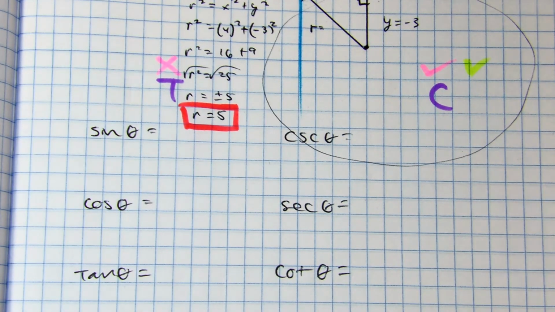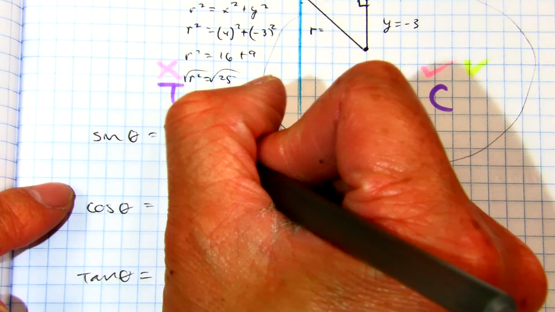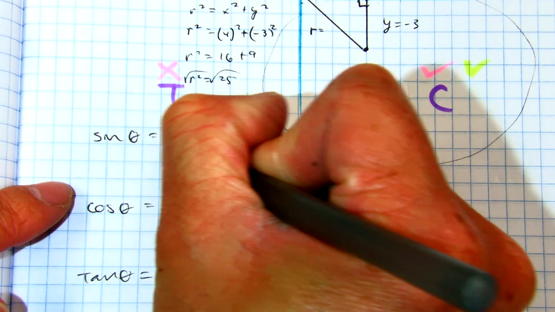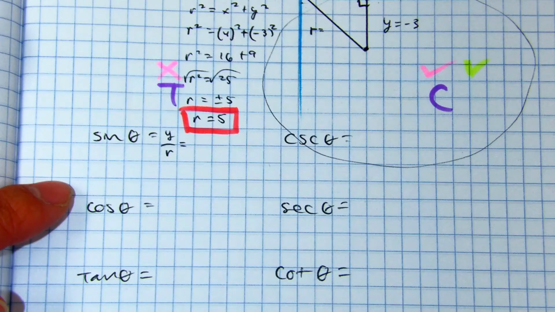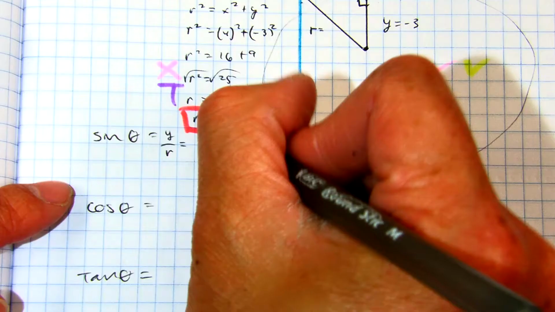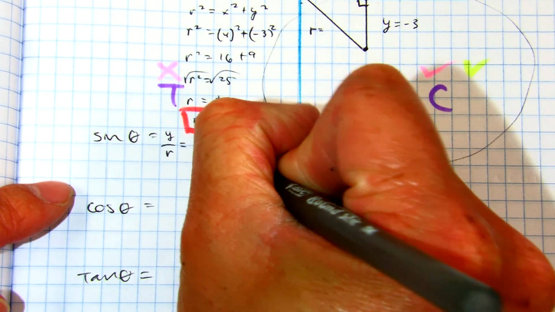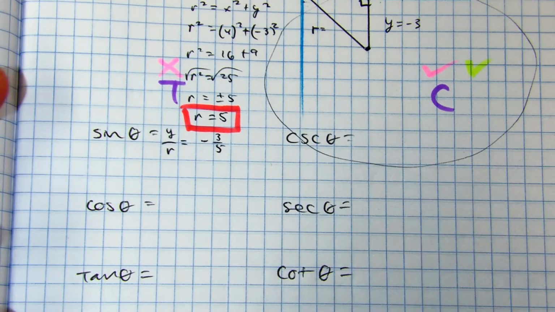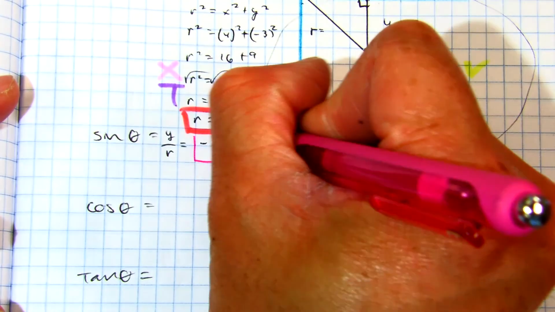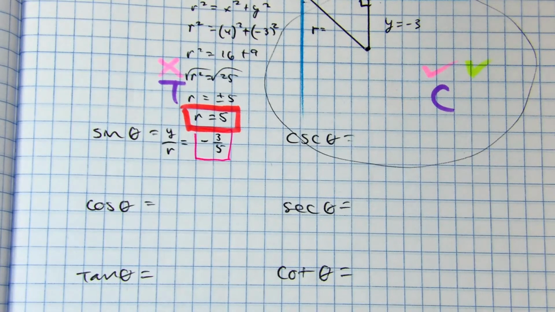Ian, what is sine in terms of x, y, and r? Tell me the numbers now. Thank you. Diana, tell me cosine.